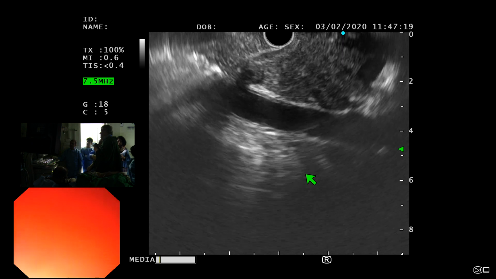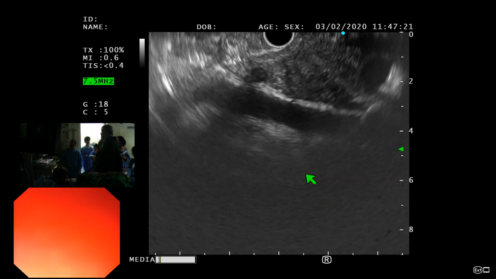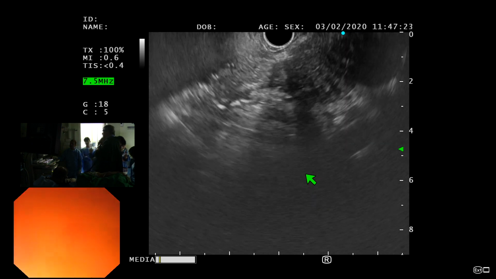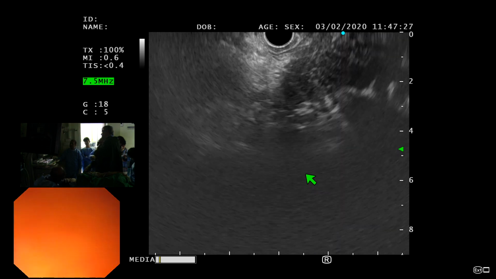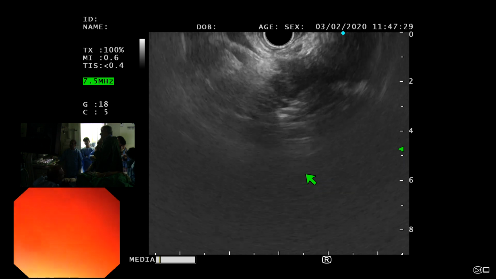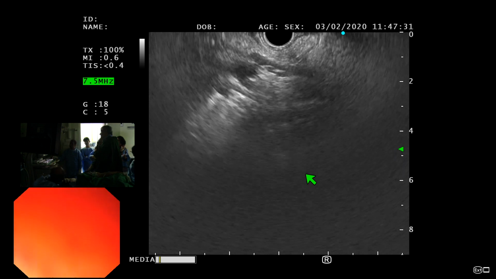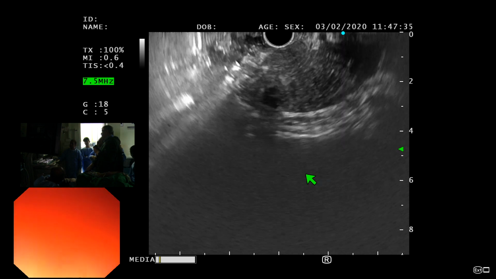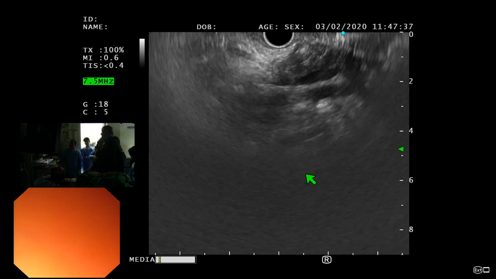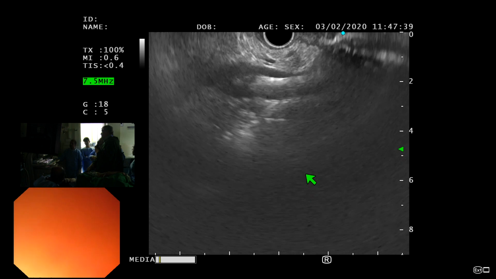Okay, and so now you have the whole uncinate there. So what Khalid was saying, if you pull that out a little bit, you could actually gently come back into the stomach and be able to see the pancreas here.